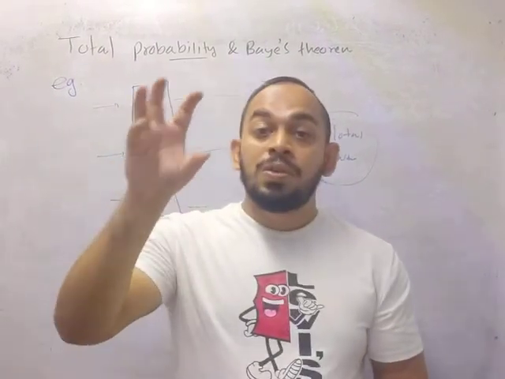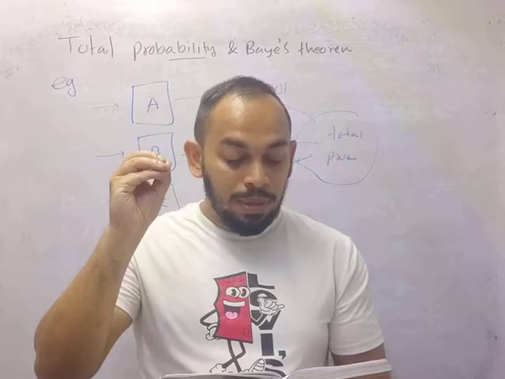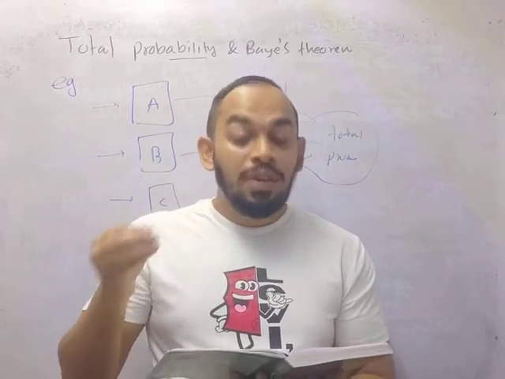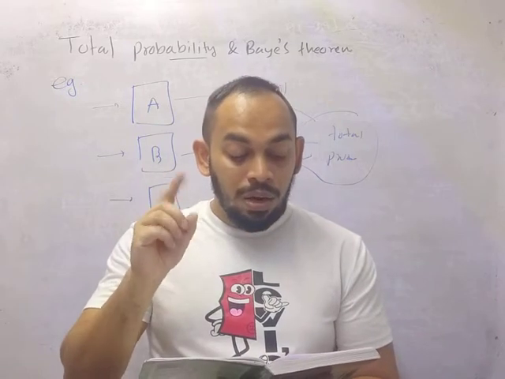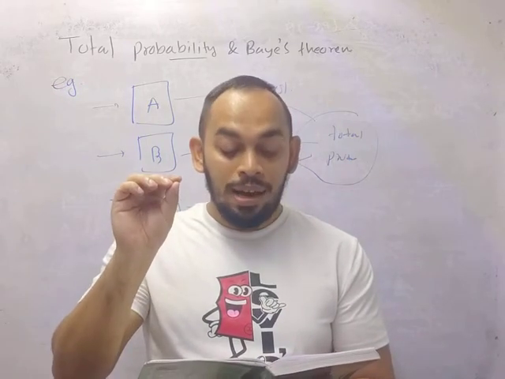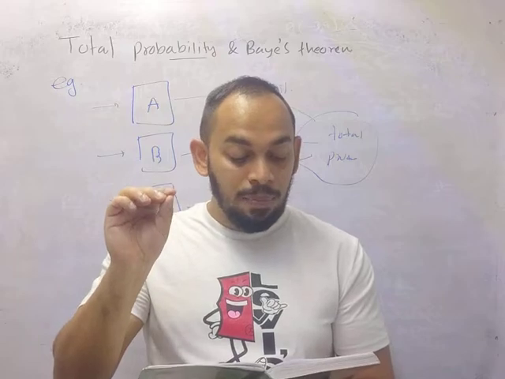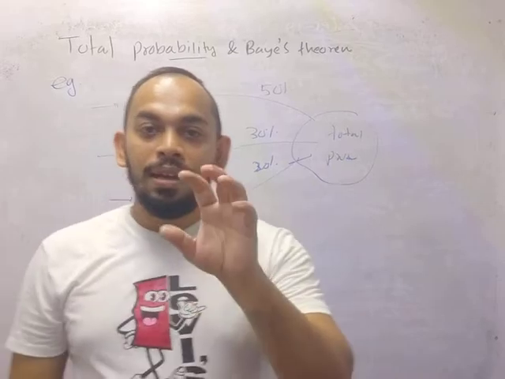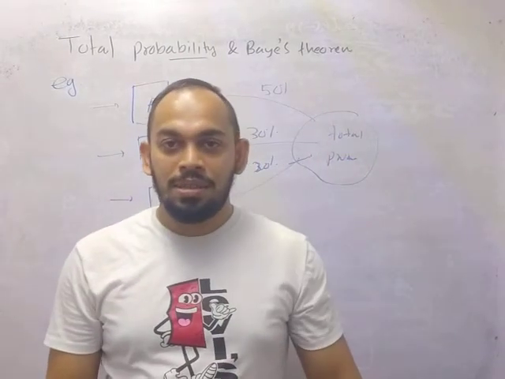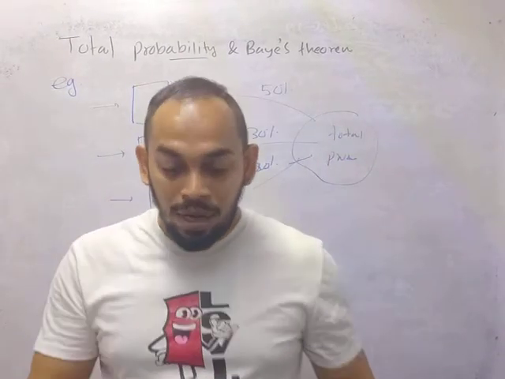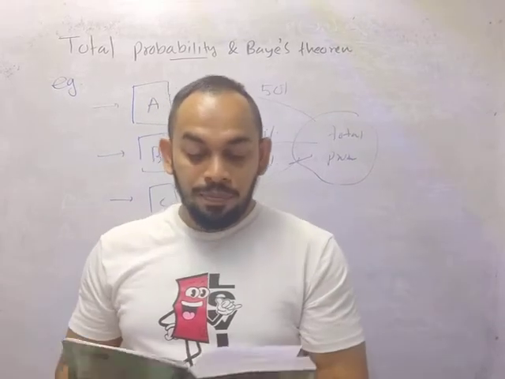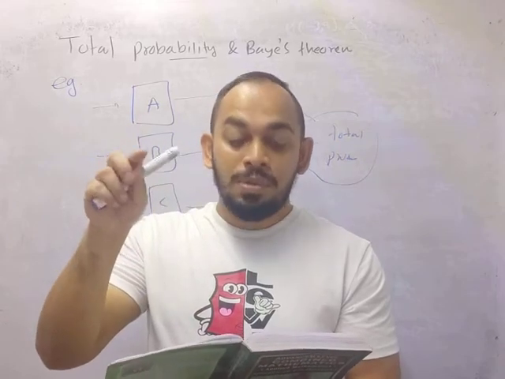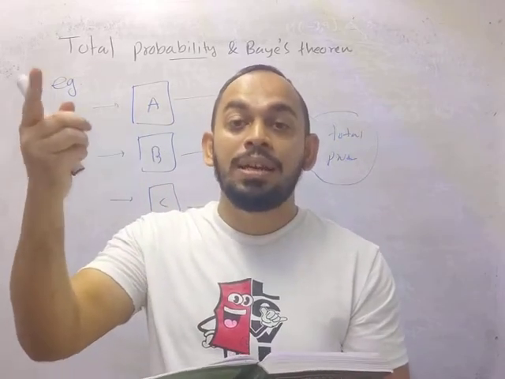So machine A produced 50% of the total production, machine B produced 30%, machine C produced 20%. The defective outputs of these machines are respectively 3%, 4% and 5%. Defective items, respectively, which means defective items from machine A would be 3%.